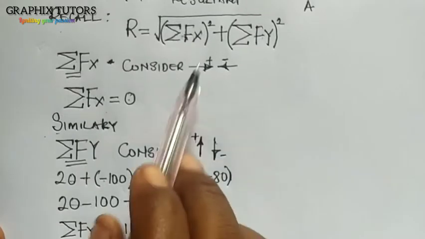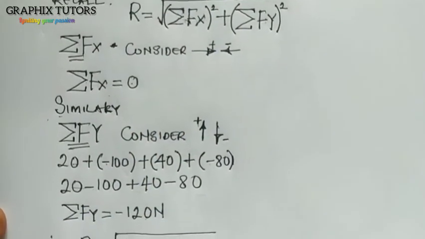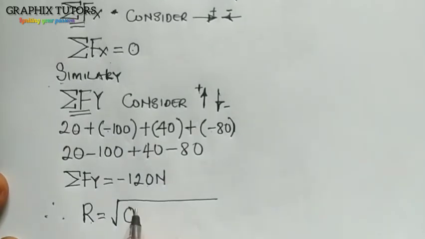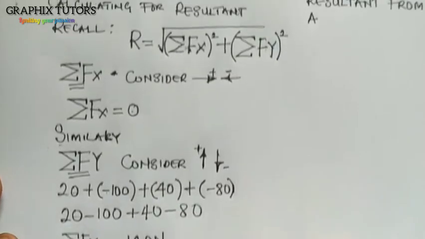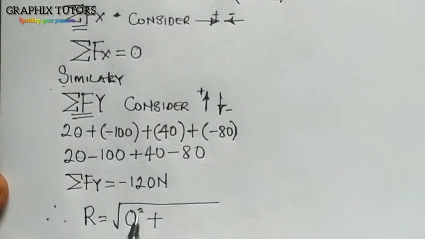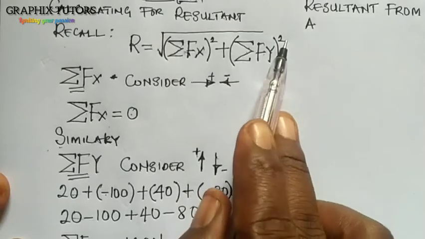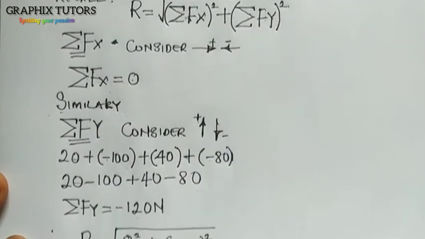Because at this point my F of x is 0, and we have square on it, so it will be 0 square, right? Plus the next one is plus summation of F of y, and that is giving us what? Minus 120. So I'm going to put it in the bracket to represent F of y, which is minus 120 all square. You can see that? So the F of y is minus 120, but on top of it we have a square there. Now we move forward.